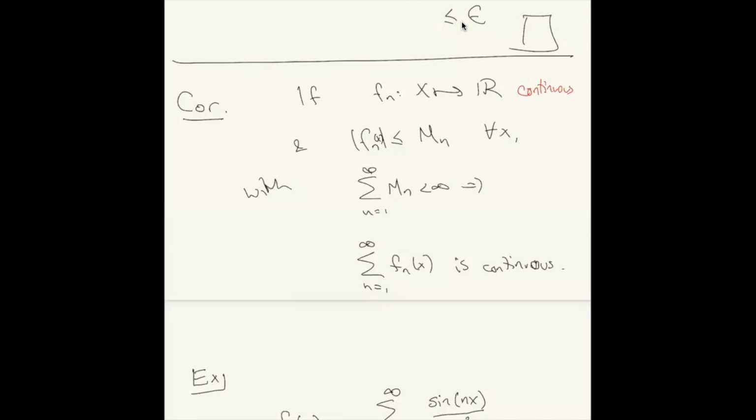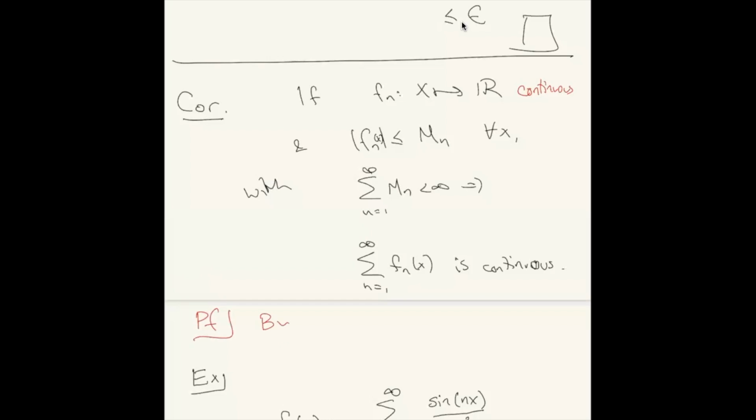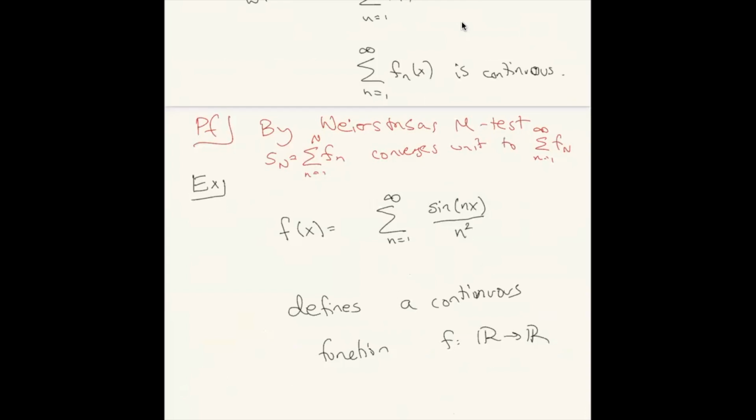So, okay, if these functions are additionally assumed to be continuous, and if you have the same bound, then as a corollary, you immediately get that the infinite sum is actually continuous. Why? Because it's converging uniformly. So by the Weierstrass M-test, the sequence of partial sums converges uniformly to the infinite sum, and the sum is continuous.